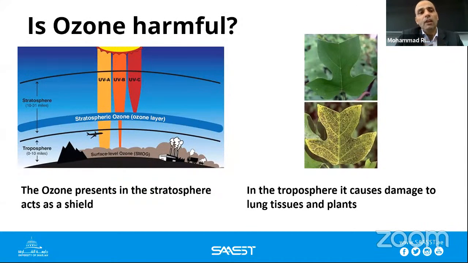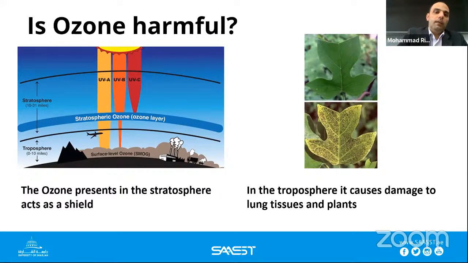Let's see again. There are three types of UV rays that come from the sun: UVA, UVB, UVC. So the harmful one is UVC. It is more energetic. So the ozone, stratospheric ozone, protects us from this harmful UV ray.